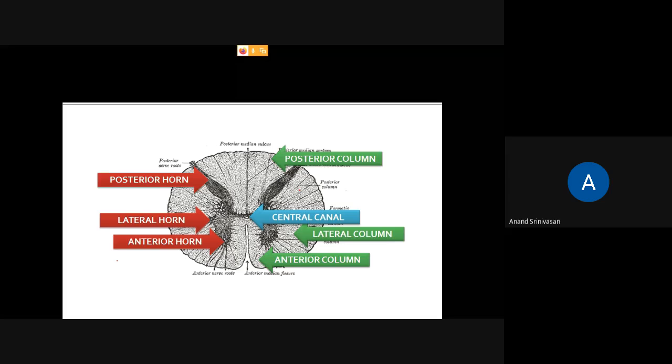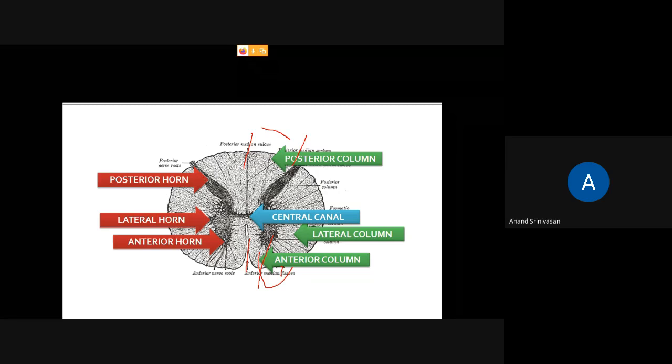Similarly, in the white matter, the part between the posterior horn and the midline, until this one, is called the posterior column. And from this one to this one, this part is called the anterior column, and the remaining part is called the lateral column.